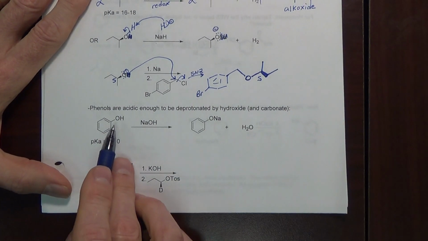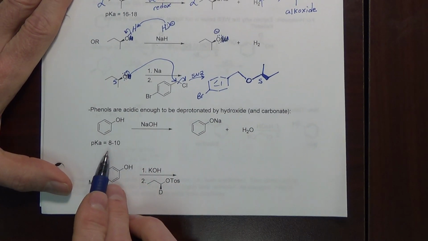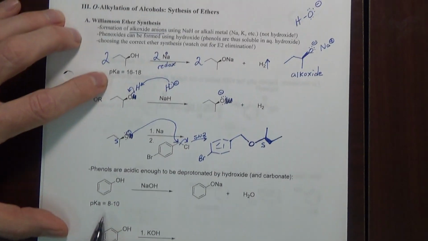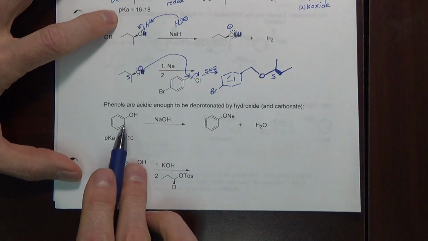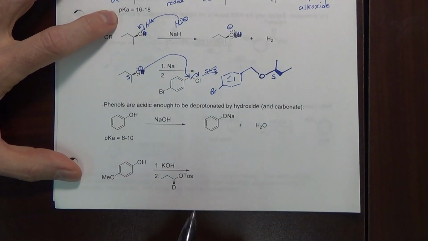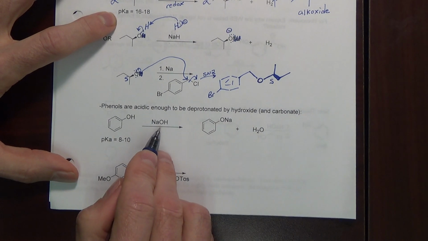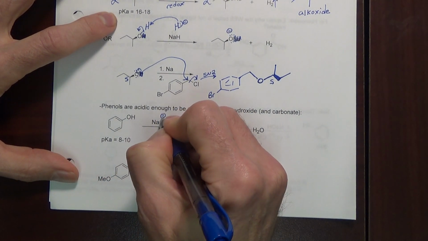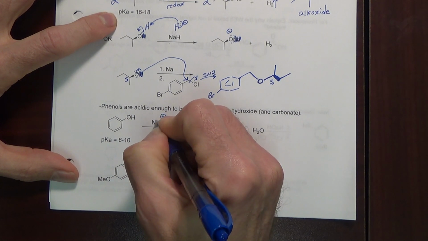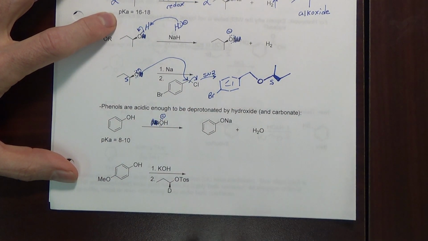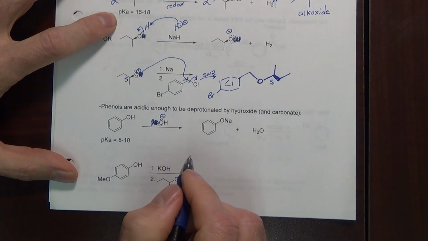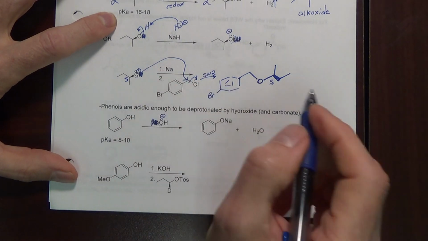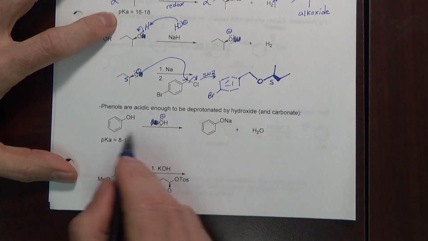Now phenols are more acidic. Alcohol is about 16 to 18. Phenol is much more acidic. We can deprotonate these with a simpler base, hydroxide. Sodium hydroxide, potassium hydroxide, standard acid-base reaction.